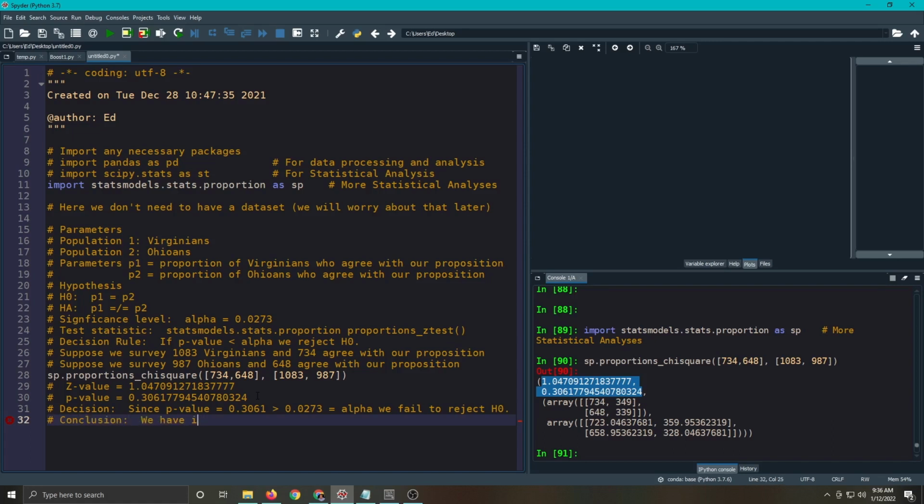We have insufficient evidence to claim that the proportion of Virginians who agree with our proposition differs from the proportion of Ohioans who agree with our proposition.